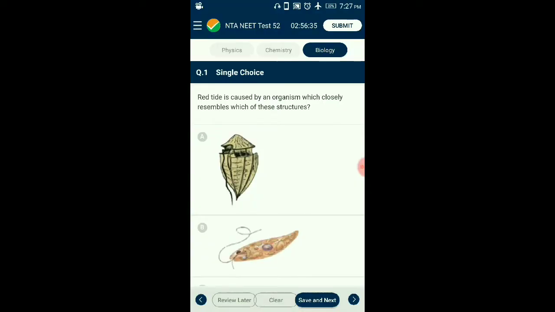Question number 1. Red tide is caused by an organism which closely resembles which of these structures? Red tide is the appearance of the sea when the red dinoflagellates, for example Gonyaulax, undergo rapid multiplication. Depending on the pigment present in their cells, they derive the color red, blue, brown, green or yellow. Among these, red dinoflagellates very often multiply rapidly and become so numerous that they discolor the coastal waters, hence the name red tides.